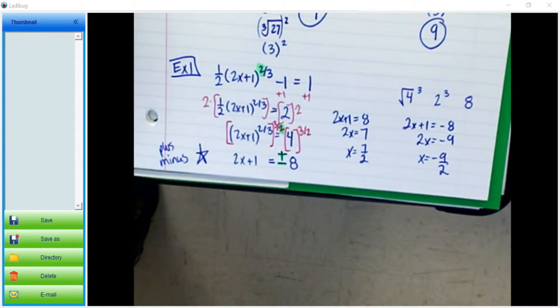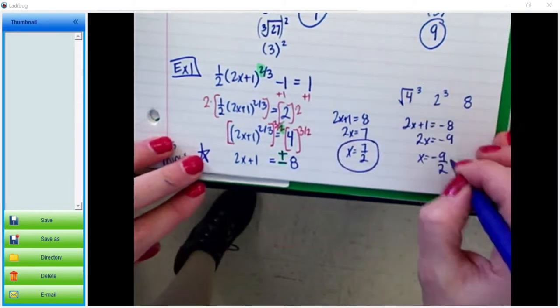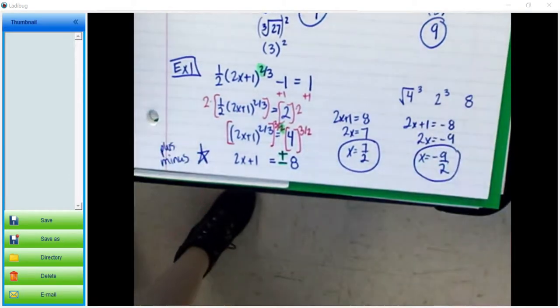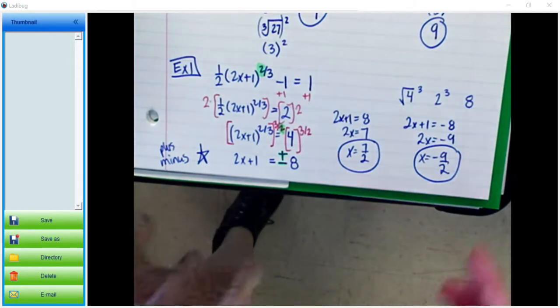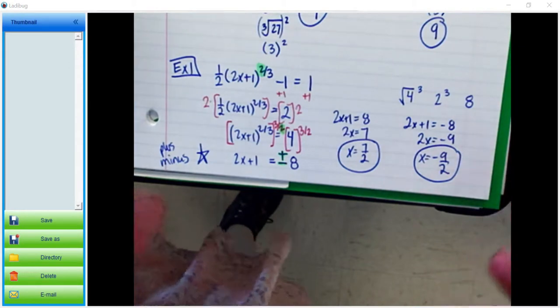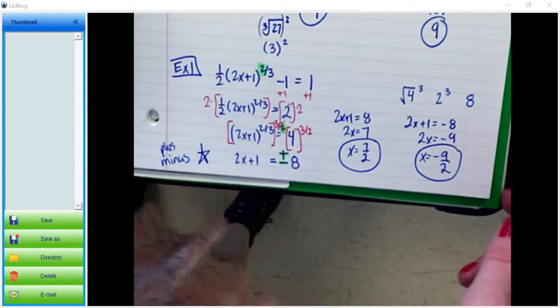Careful with that plus or minus. Yeah, that's it. Those are my answers right here. 2 answers. Okay. Then there's not really a way to make it a lot more complicated. Maybe, but not really when you're isolating. Just got to make sure you do your operations in the correct order.